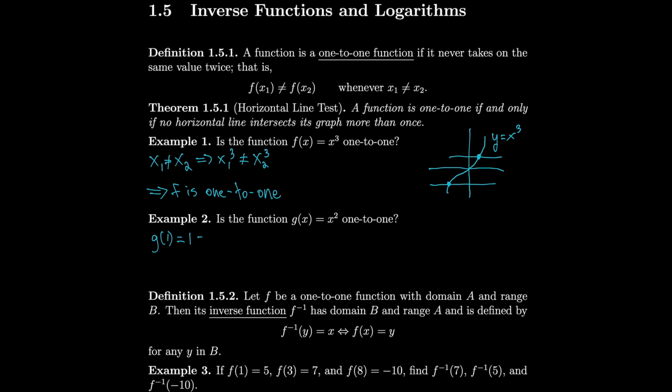But minus 1 squared is also 1, so g of minus 1 is a second y value that is equal to our first y value. Rather, there's two different x values, 1 and minus 1, that give us the same y value of 1. So g is not one-to-one.